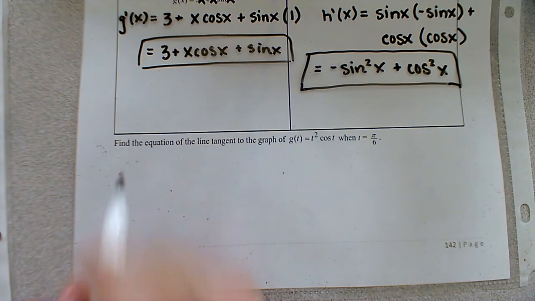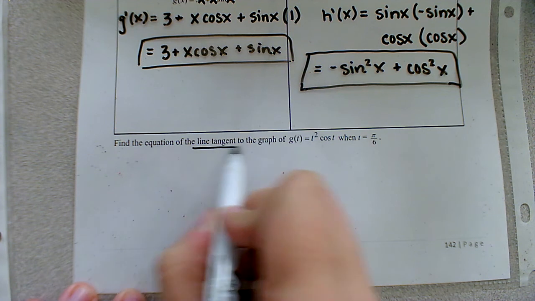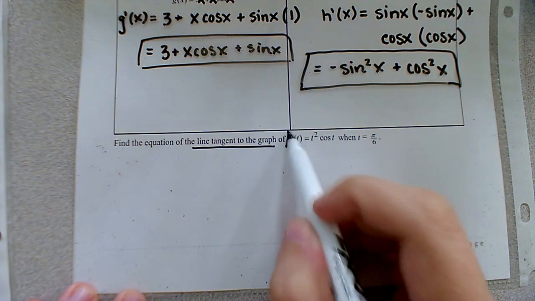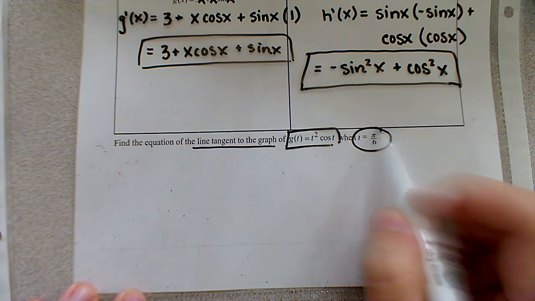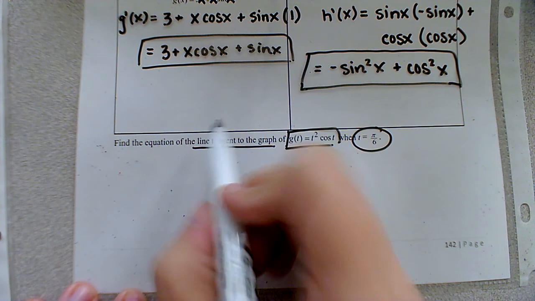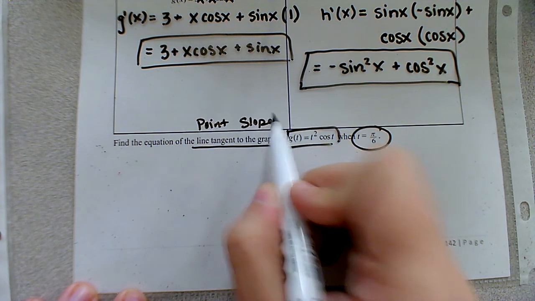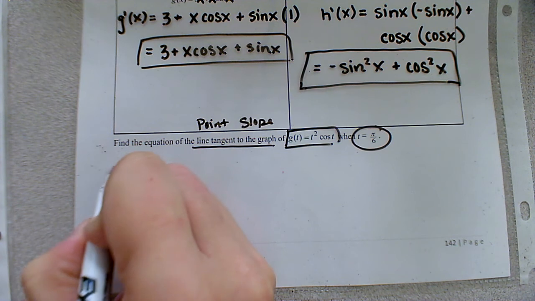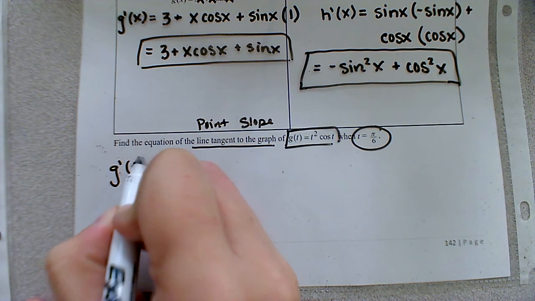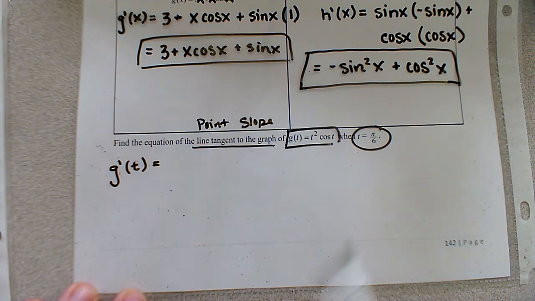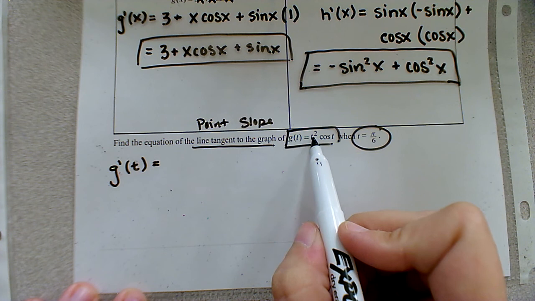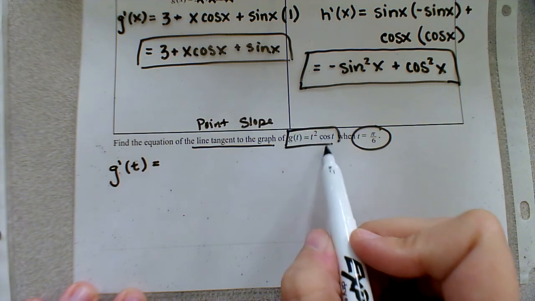All right, let's go ahead and check out this last one. So find the equation of the tangent line to this graph at this spot. So for an equation of any line, we need to first figure out a point and a slope. Now the slope comes from the derivative, so it might be in our best interest to try to find that first. And notice how this function is t squared times cosine.